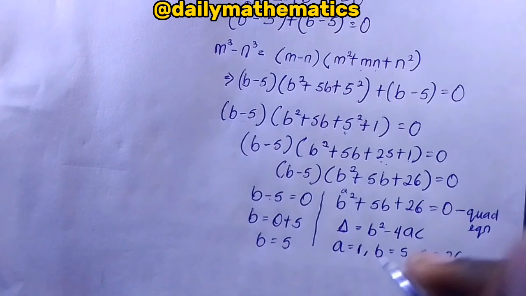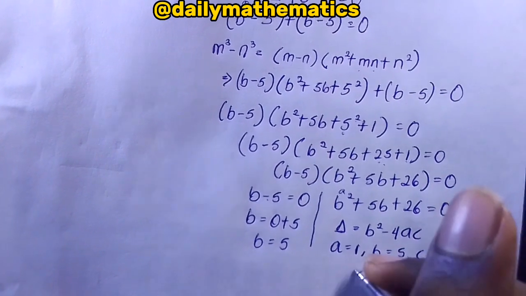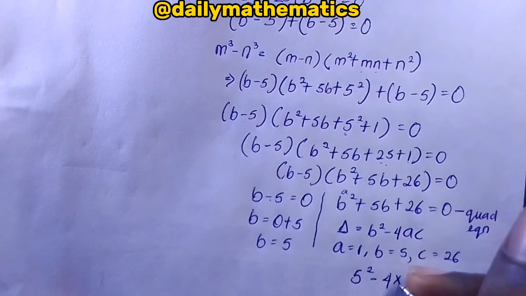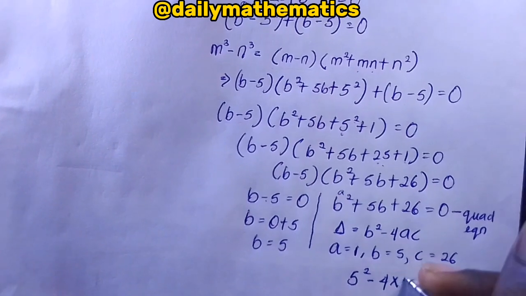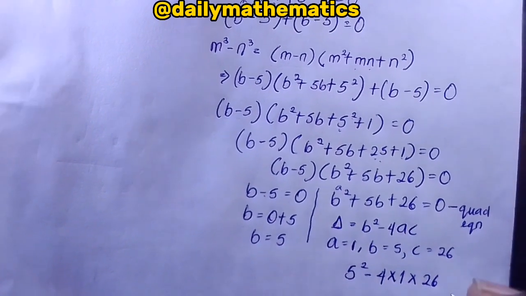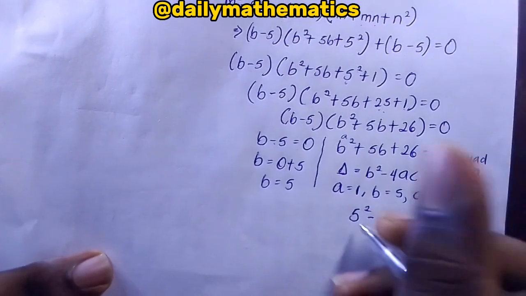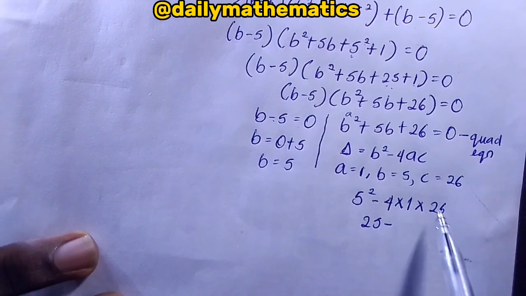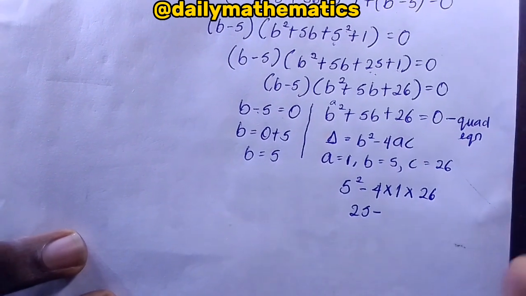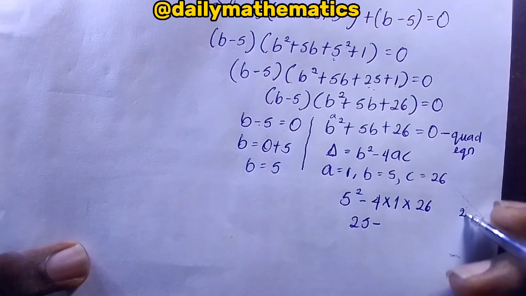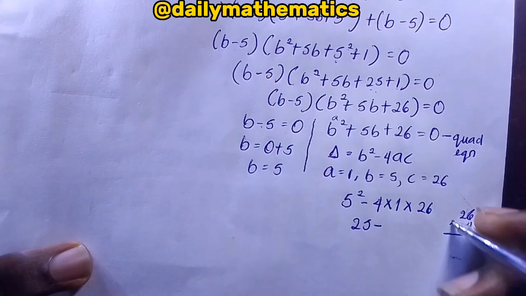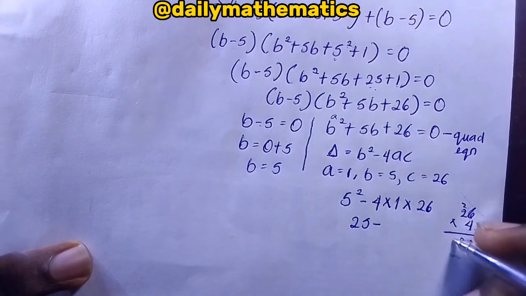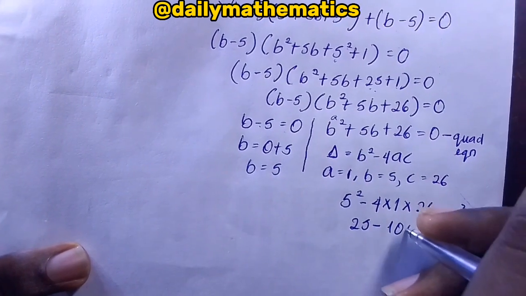So b squared is 5 squared, minus 4 times a, which is 1, times 26. 5 squared is 25, minus 4 times 1 times 26. 26 times 4: 4 times 6 is 24, 4 times 2 is 8, that's 104.